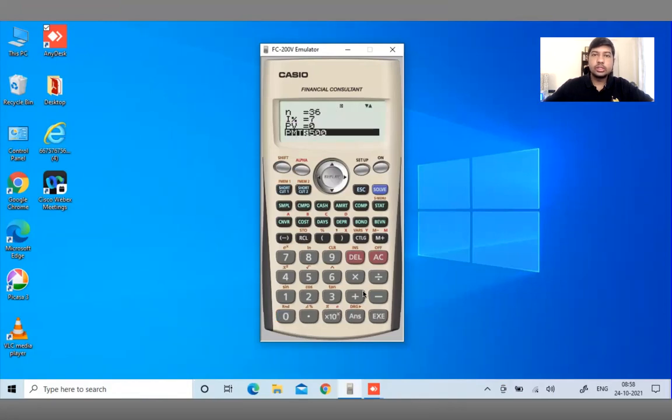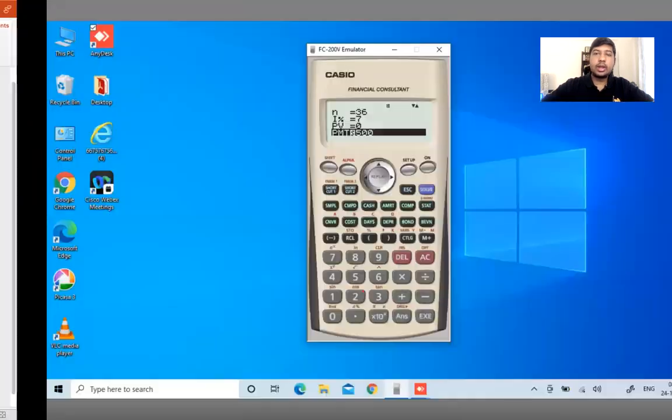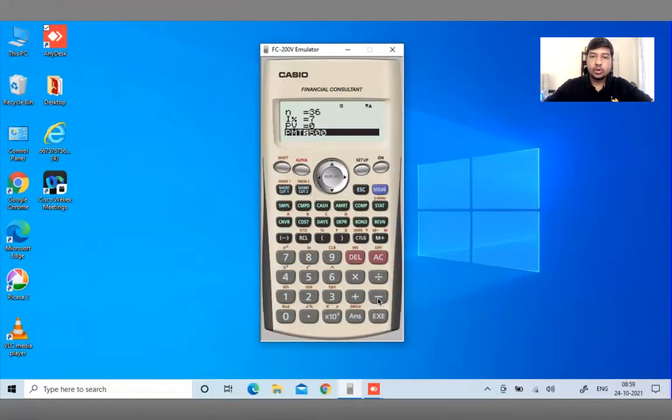PV is 0 since nothing is invested one time. The recurring amount is 4,000 rupees, so it will be minus 4,000. Future value, let's keep it as 0 because we need to calculate this. Then payment per year is 12. Compounding per year is 2 because this is 7% compounded half yearly. So this is how you calculate practically.